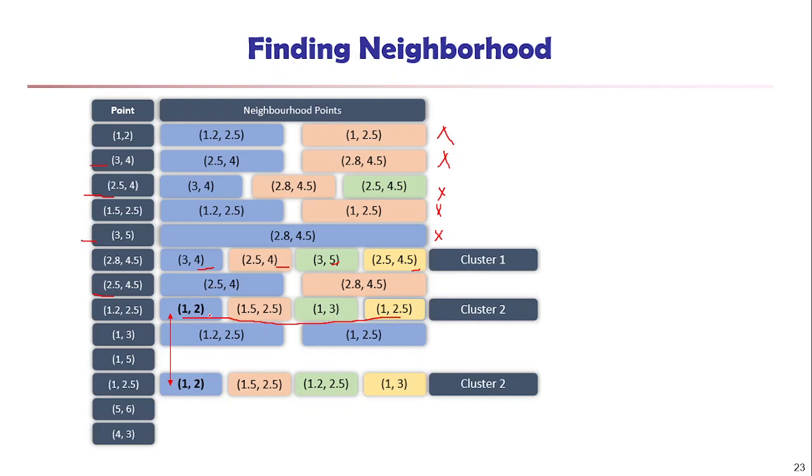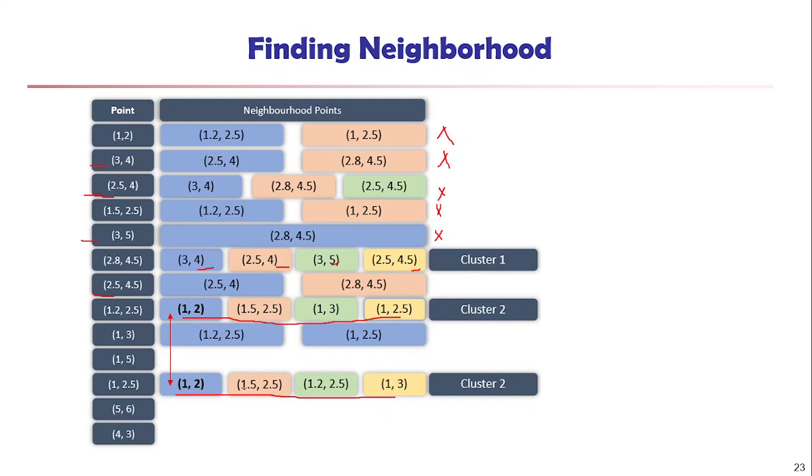See here, 1 comma 2 is not a core point, 1.5 comma 2.5 is not a core point, 1 comma 3 is also not a core point, 1 comma 2.5. Now see this one. Here we have four neighborhood points, so this can be a core point. So we will merge this with this and call it a single cluster.